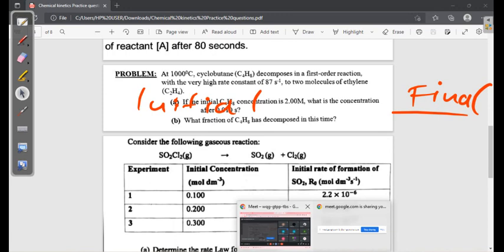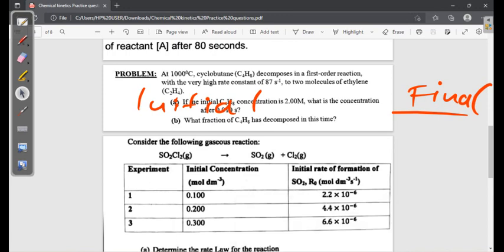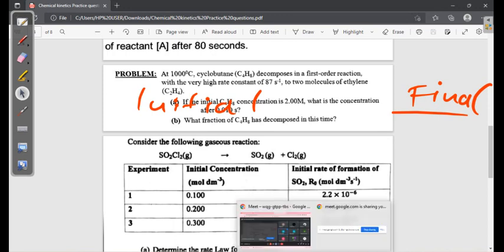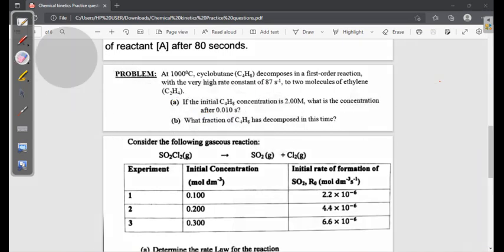Are you able to get me? So can you explain why you are dividing by the initial? You're saying what fraction of it has decomposed? What has decomposed in relation to what was available initially?